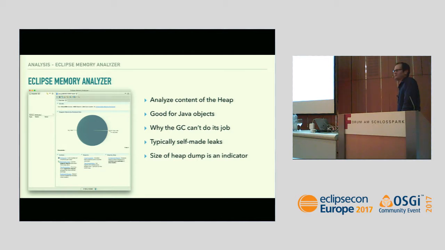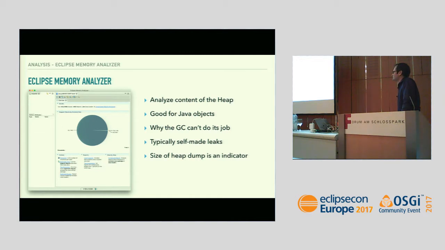So again, we were somehow stuck with either using the full JRE, or what we then did is we simply developed a bundle which then triggers the heap dump from inside, and also added a backdoor to our development system so we can simply upload it even if it's a production firmware.